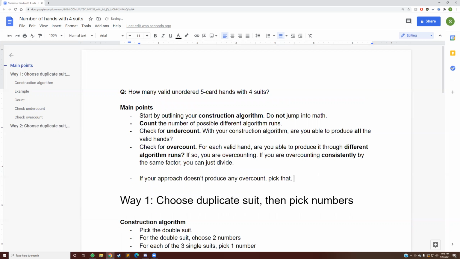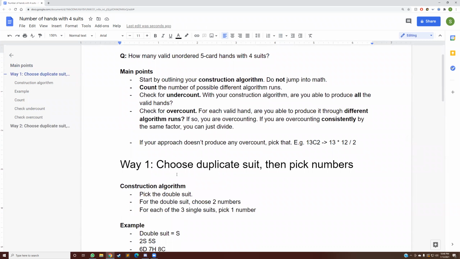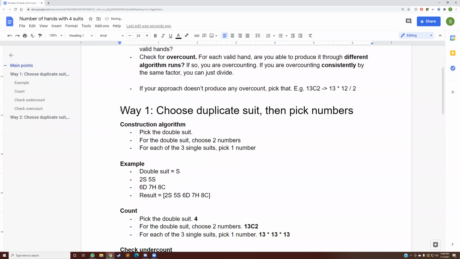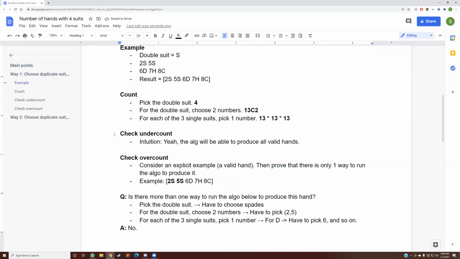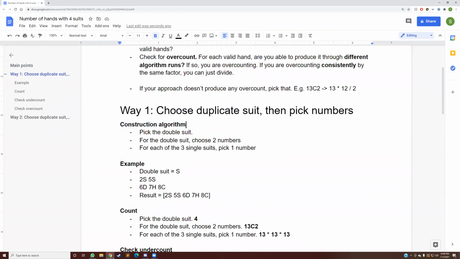For example, just now, instead of 13 choose 2, you could have said 13 times 12 and then divided by 2 to account for the overcount. Yeah, if you do the overcount correction way, and you can't think of a way of doing it right the first try, it would be trickier to get right. But honestly, for me, it's not always easy to find way one. It's kind of tricky, right? Your algorithm is first pick the double suit. Like that's kind of tricky.